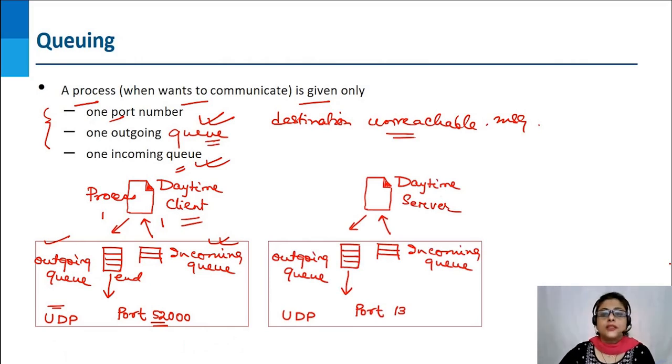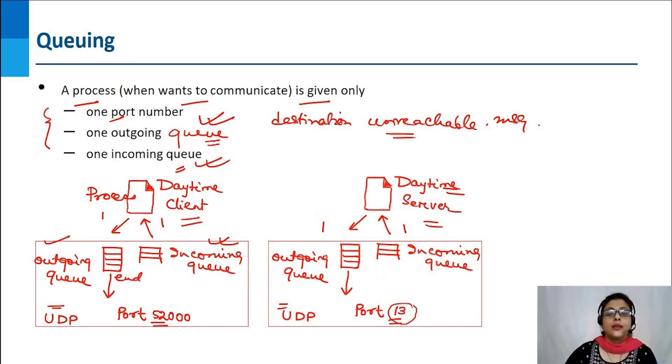What happens at the server end? We have a daytime server. Here also there will be one outgoing queue and one incoming queue. So this queue will be defined or allotted to the server upon request from the UDP. A particular port number will be allotted, and in this case it is port number 13. So all the outgoing data will be going through this single outgoing queue and incoming data will be coming through this incoming queue.